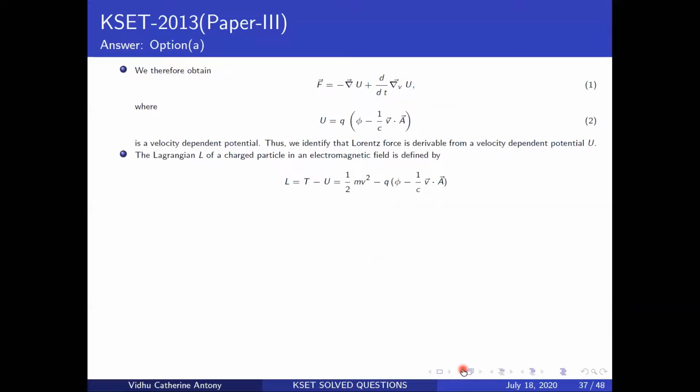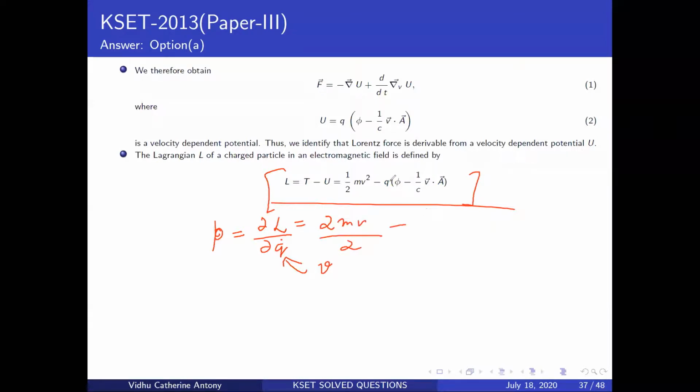So this is my Lagrangian. It's probably good to remember this, as it's a very common Lagrangian. Now let's do dou L by dou Q dot. Q dot basically means your V. You want to find what your canonical momentum is. So you have 2mv divided by 2, minus, is there a QV?